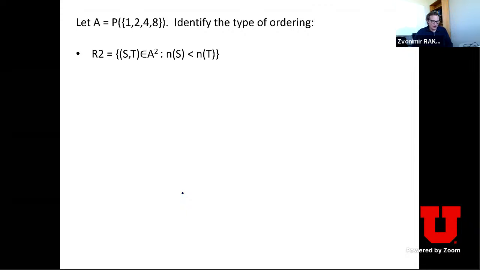So R2, we have this set A of numbers, and R2 is a relation over this set, such that the pair S, T is an element of the relation if the number of elements in S is less than the number of elements in T. And now we want to see, is this relation reflexive, irreflexive? What else do we have? Symmetric, antisymmetric, and transitive.